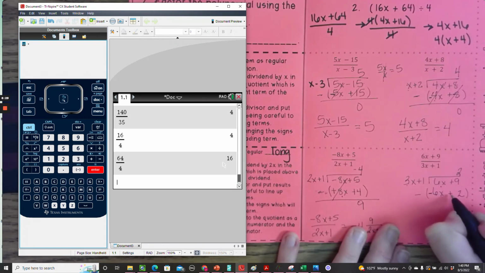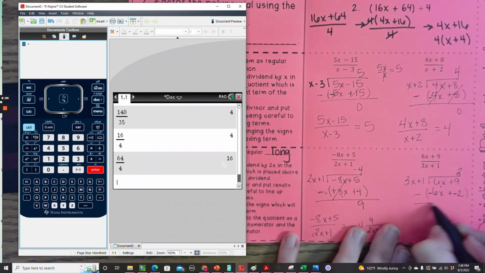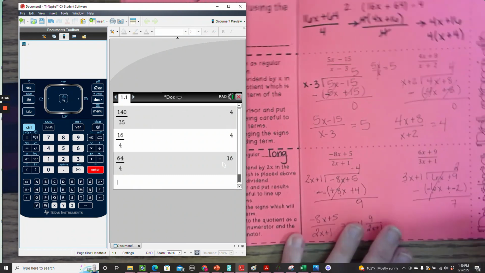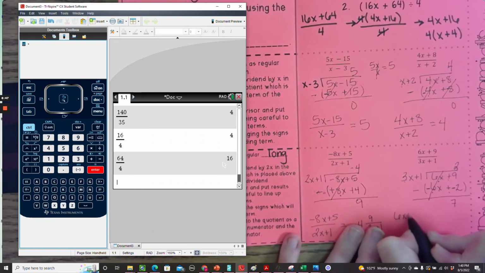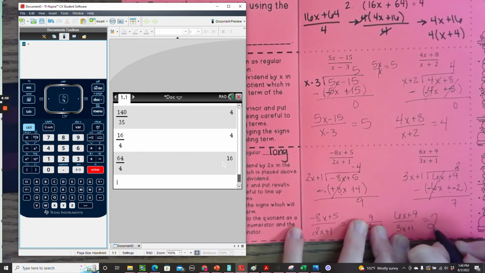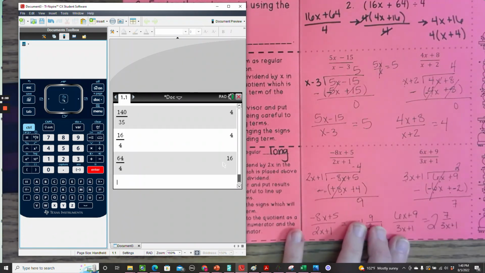Negative 6x, positive 2 becomes negative 2. 6x and negative 6x cancel. 9 minus 2 gives me a 7. I have a remainder. So the original problem, 6x plus 9 divided by 3x plus 1, equals 2. The remainder goes on top of the fraction. What's outside goes underneath.